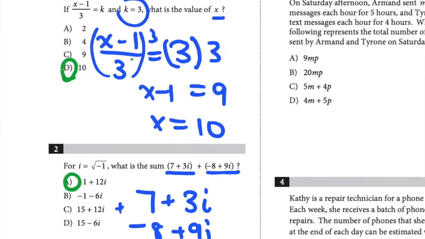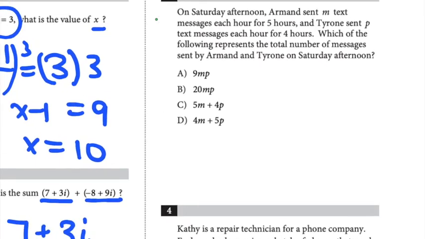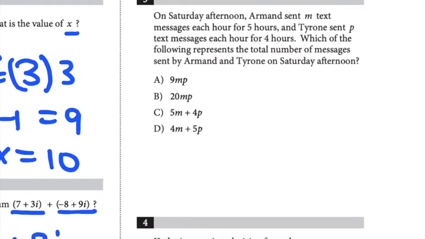Okay, question number 3. Let's quickly read this. On Saturday afternoon, Armand sent M text messages each hour for 5 hours, and Tyrone sent P messages each hour for 4 hours. Which of the following represents the total number of messages sent by both of them together on Saturday afternoon?